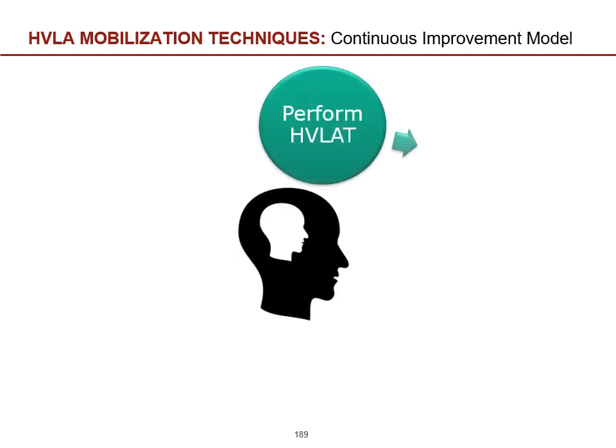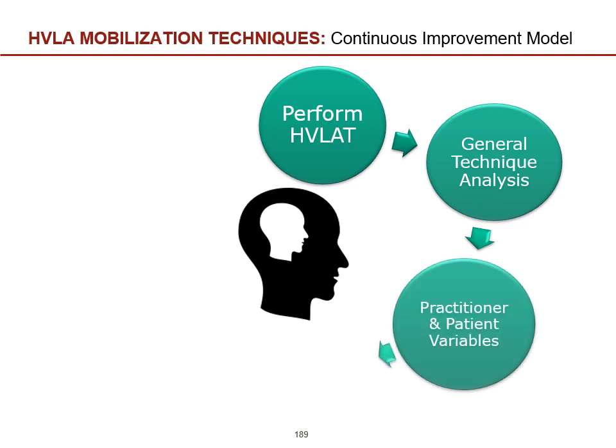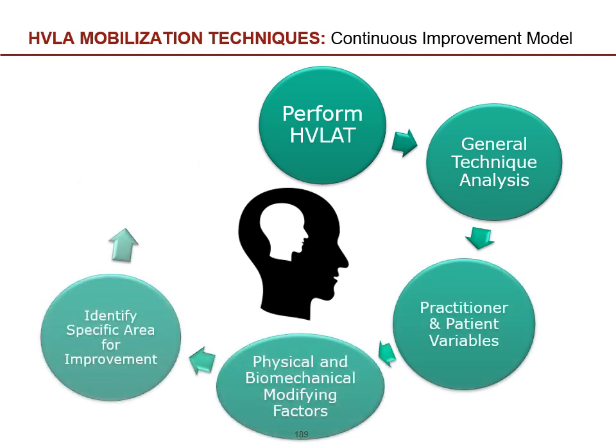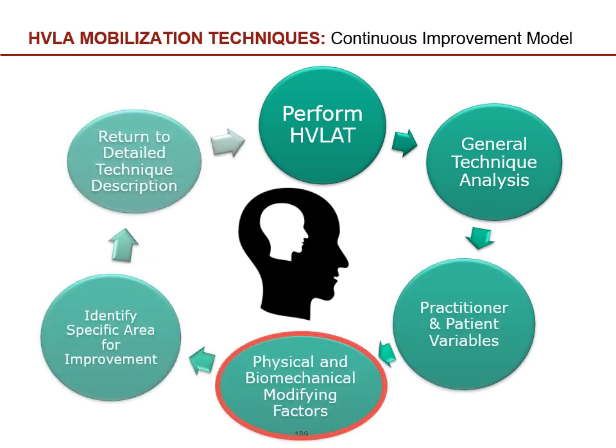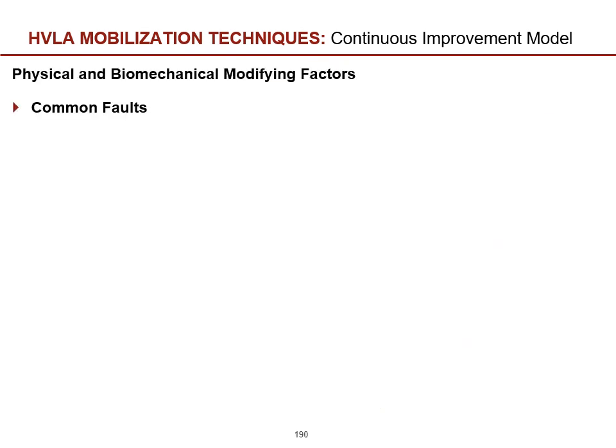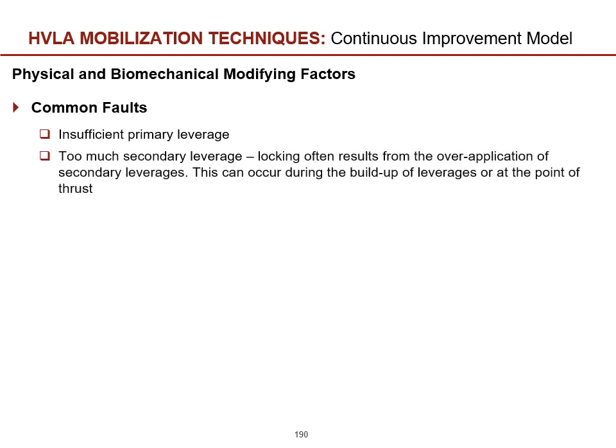Okay, so now moving on in the model to the physical and biomechanical modifying factors. So the most common faults when it comes to the physical and biomechanical modifying factors include insufficient primary leverage, too much secondary leverage, thus leading to a locking or a barrier locking of the joints.